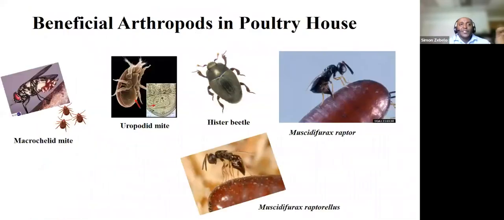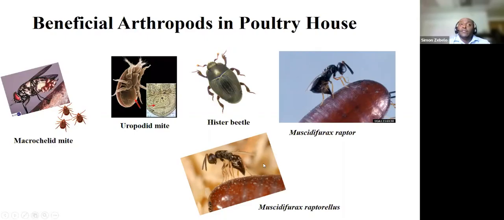There are also beneficial insects in poultry operations. There are some beneficial arthropods in poultry houses, like macrochelid mites, uropodid mites, and hister beetles, another very important predator of housefly larvae, especially the early instar, the early growth stage of housefly larvae or maggots, preyed upon by hister beetles.